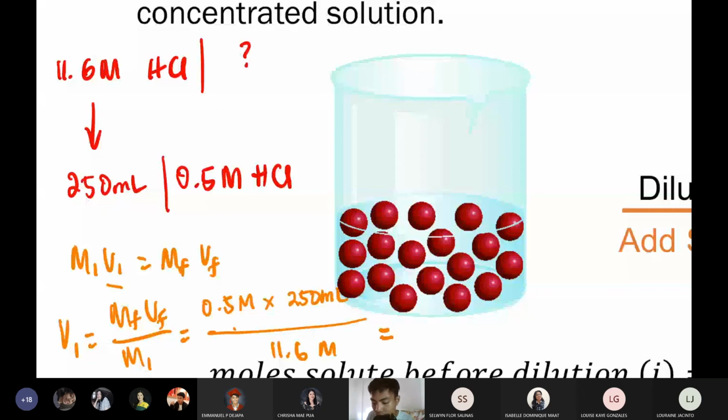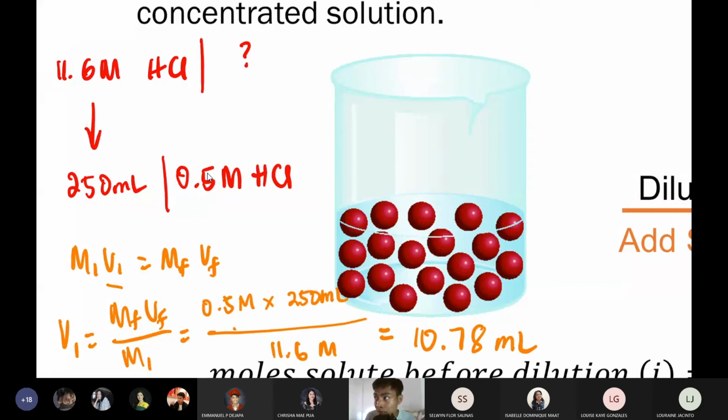Okay? Sabi ng calcu, 10.78 ml. So that means I need 10.78 ml of my original HCl solution, then i-dilute ko siya up to 250 ml para maging 0.5 molar siya.